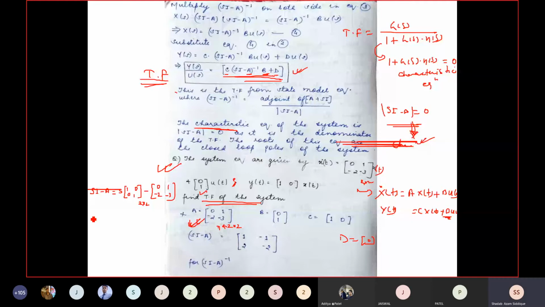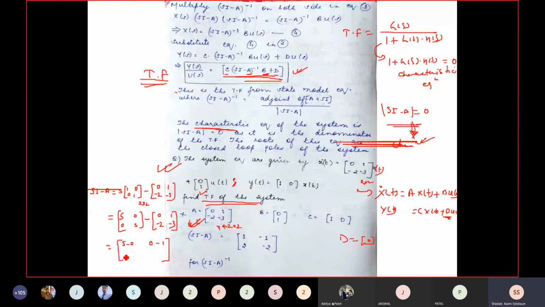The first element is S minus 0, which gives S. Then 0 minus 1 gives minus 1. Then 0 minus of minus 2 gives 2, and S minus of minus 3 gives S plus 3.